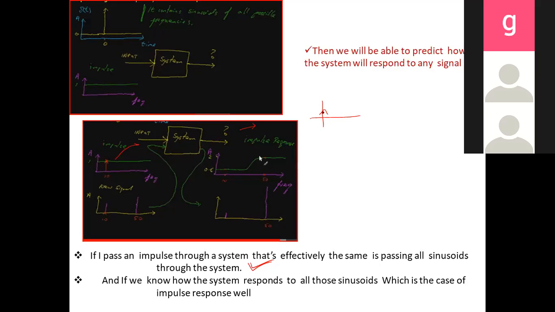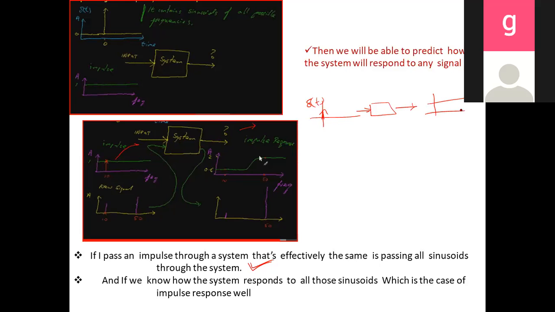If I pass this impulse function delta of t through a system, what do I get here? I get a flat frequency response, and amplitude.